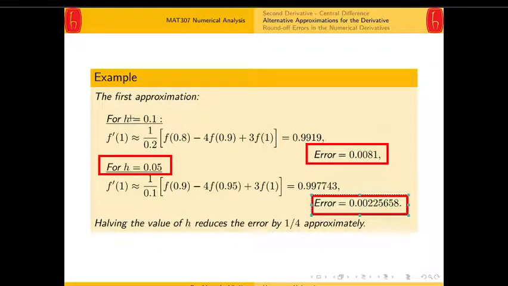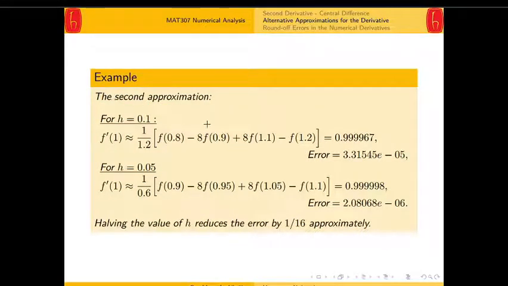You see the h value is halved. So when we halve the h values, the error will be about 1/4 of the original error. So taking half of h will give us 1/4 of the error. This is because the approximation itself is second order.